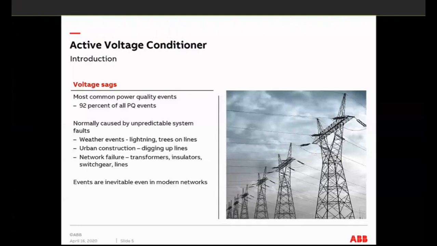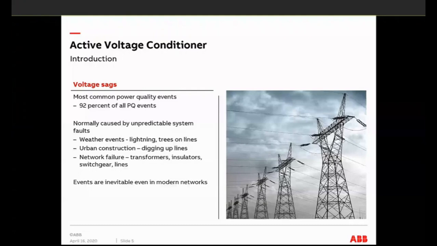These 100 kilometers of grid lines can be disrupted by weather conditions, urban construction, network failure, or even natural effects like trees that are so tall they reach the high tension wires. These events create power quality sags.